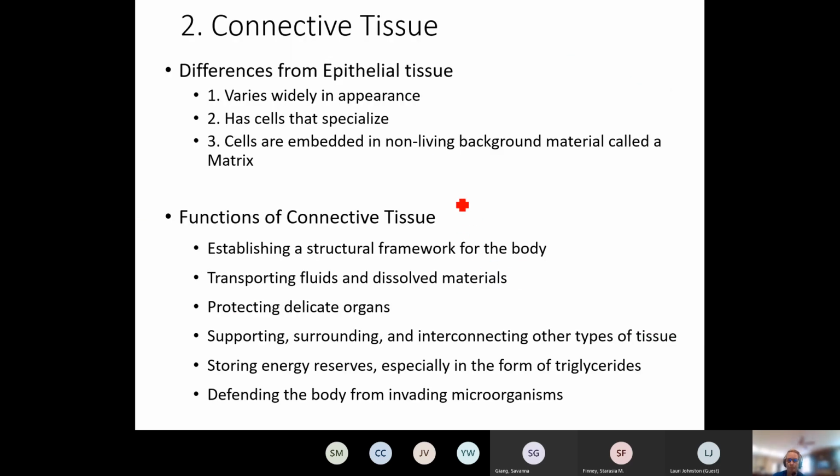Okay. Now, connective tissues are going to differ from epithelial tissues for lots of appearance reasons. And the other thing about the epithelial tissues is it's one cell repeated over and over and over again. Connective tissues can have many, many types of cells. All right. They can have fibrocytes, fibroblasts, adipocytes.